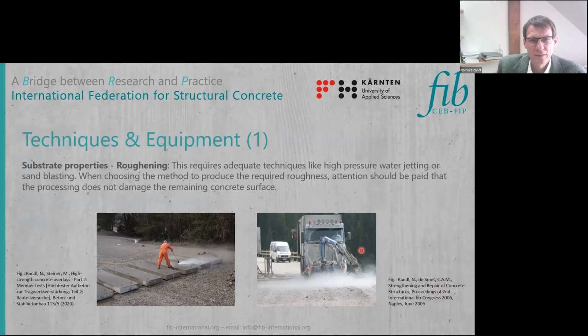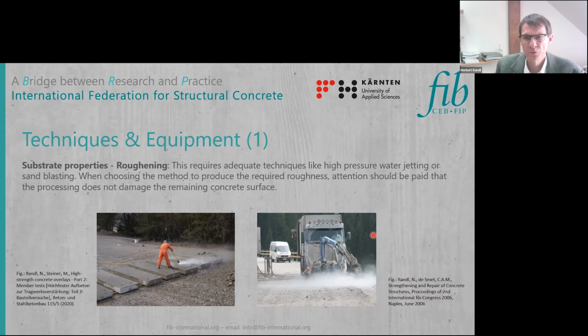Let's have a look at techniques and equipment. In order to achieve good bond, you need to prepare carefully the surface of the existing concrete substrate. That can, for example, be done by high-pressure water jetting or other methods like sandblasting.